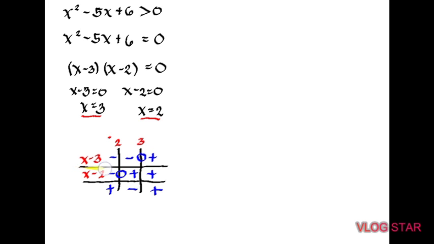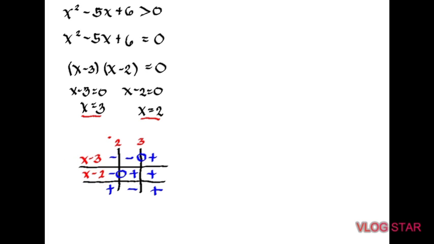And on the left side of this illustration, you can see the factors of the trinomial, x minus 3 and x minus 2, in any order you'd like to write them. So again, above the vertical lines, we wrote the values of x, and on the left side, we wrote the factors of the trinomial.